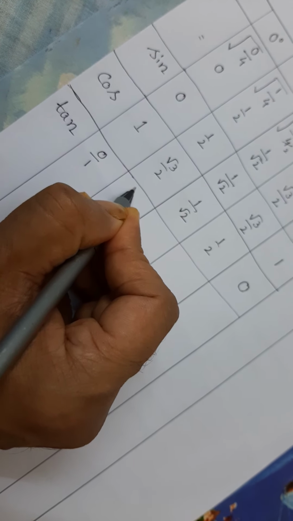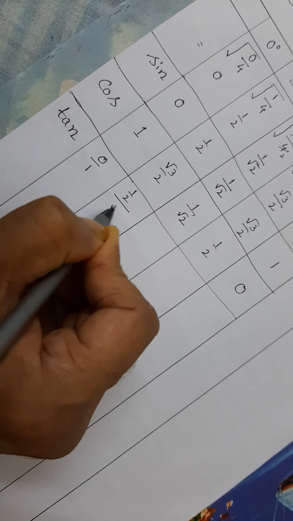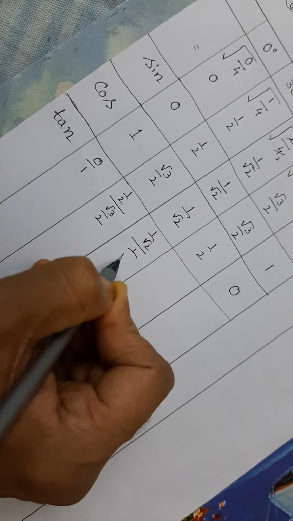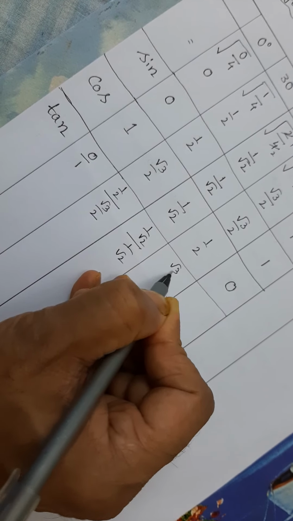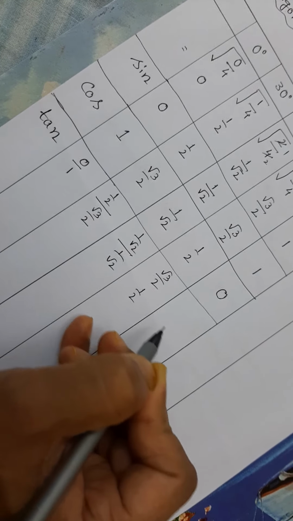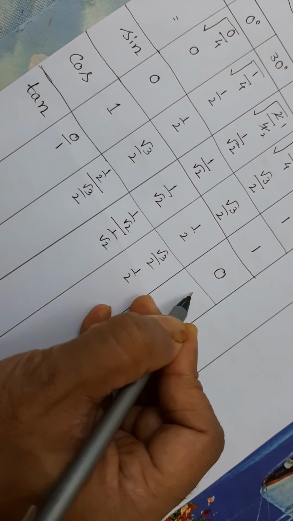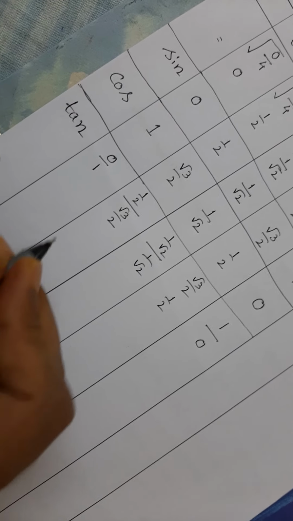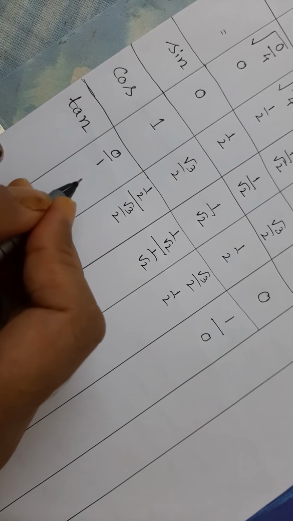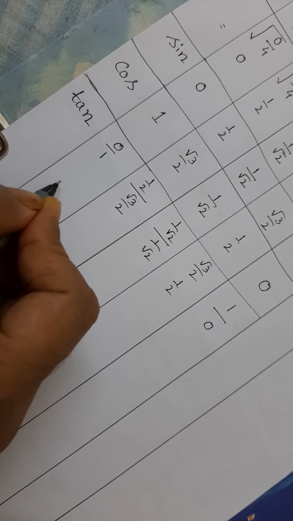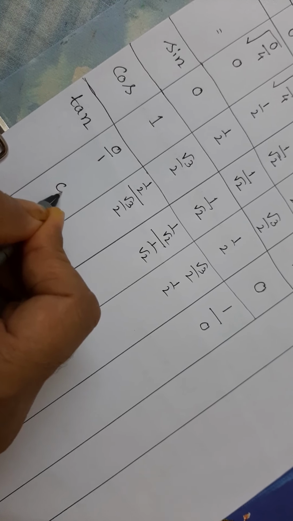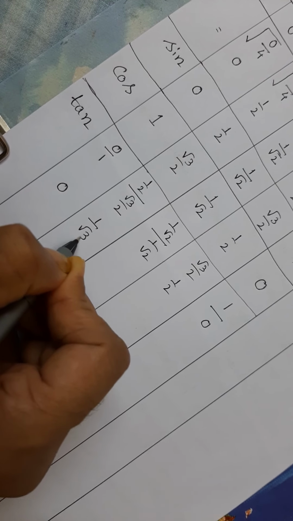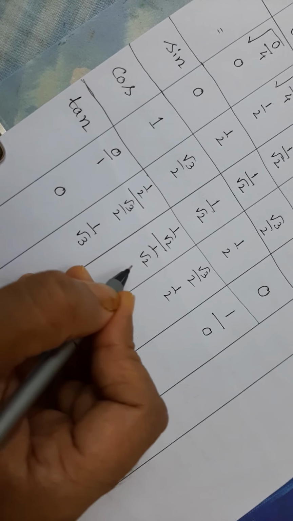So 1 by 2 by root 3 by 2, 1 by root 2 by 1 by root 2, root 3 by 2 by 1 by 2 and 1 by 0. So this is equal to 0 by 1, we know 0 by something is 0. 2 cancel, 1 by root 3.